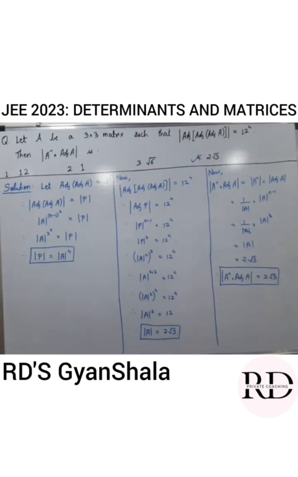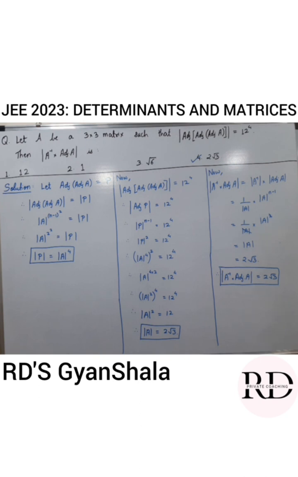Now coming to the question, we have replaced adjoint of A with P. So we have determinant of adjoint of P equal to 12 power 4. Now determinant of adjoint of P, by the formula we know, is determinant of P power n minus 1, where again n is the order of the matrix.